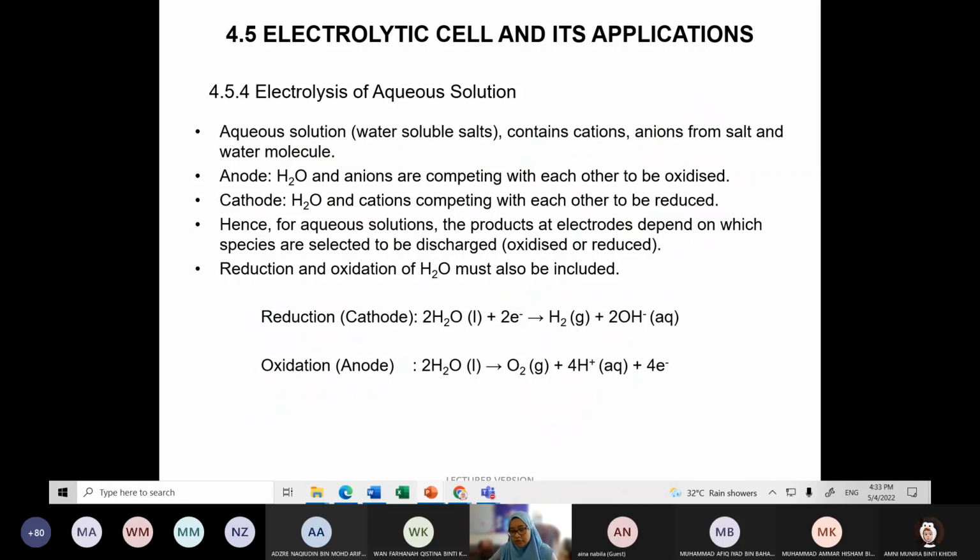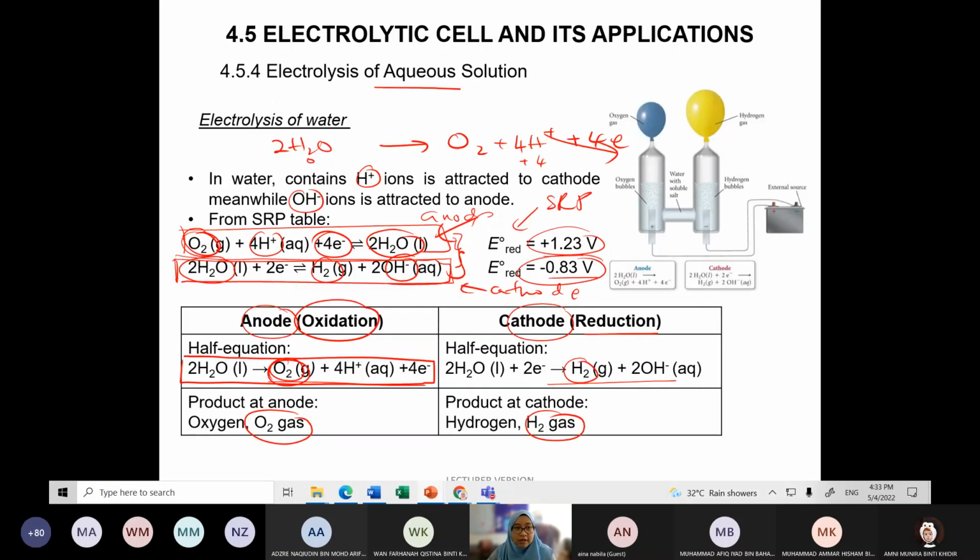Maksudnya in aqueous solution you have to consider water as well, not only the ions. For the salts, you also need to consider the water. So there is a high possibility that water will be discharged. Sebab water punya E0 reduction is considered reasonable lah. So most likely dia boleh dipilih sebagai the one that will be discharged at the anode and also cathode.